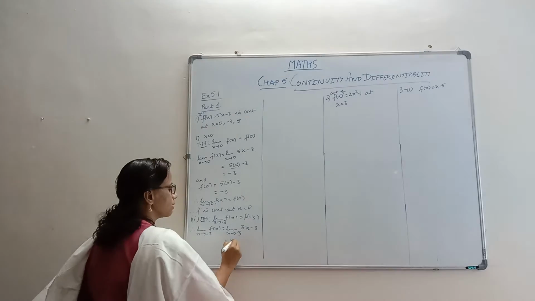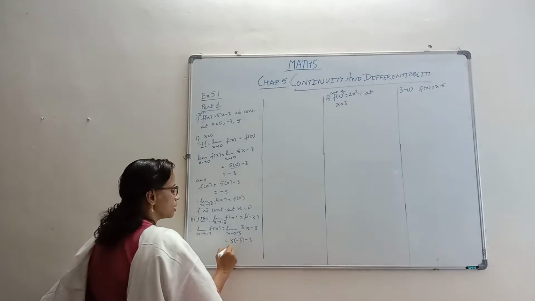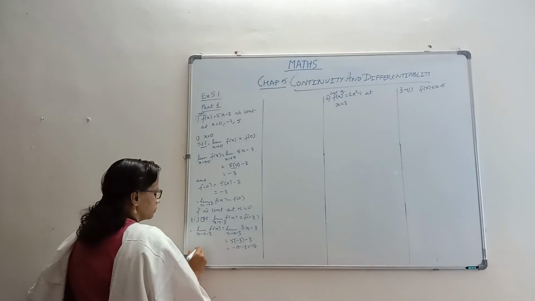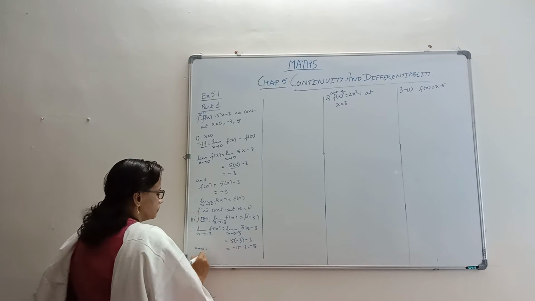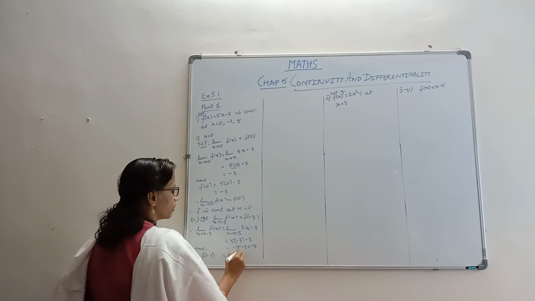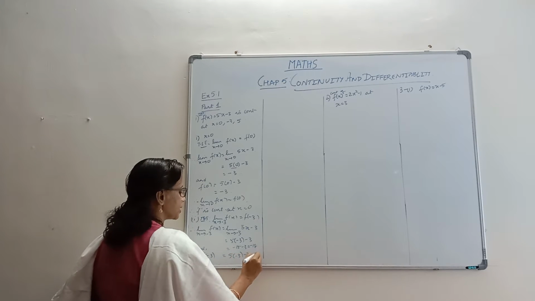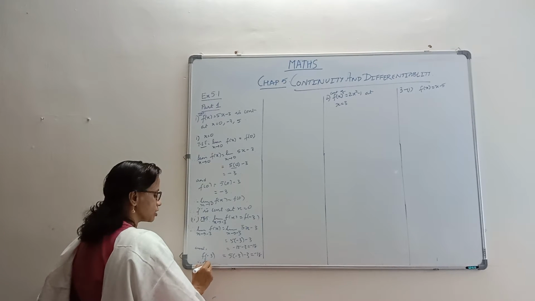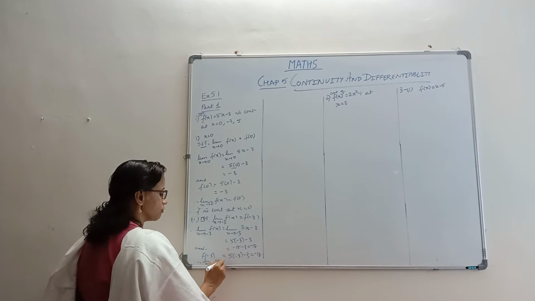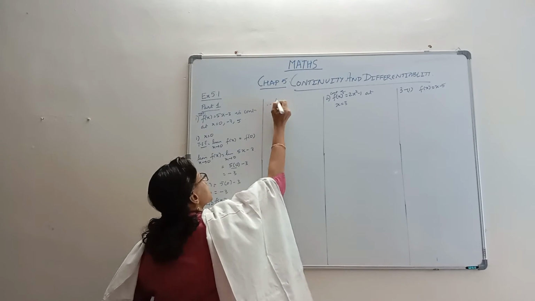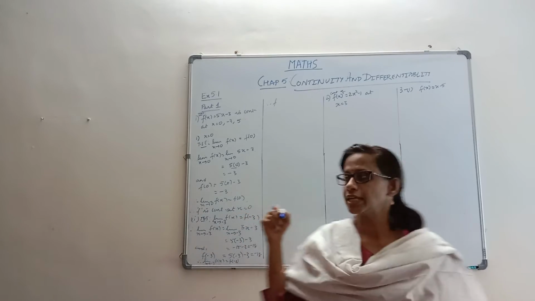We do the same work there: 5 times minus 3 minus 3, so it's minus 15 minus 3, minus 18. And f of minus 3, same thing, 5 into minus 3 minus 3, minus 18. So both these are equal here. Therefore, limit as x tends to minus 3 f of x is f of minus 3. Therefore, f is continuous at x equal to minus 3.